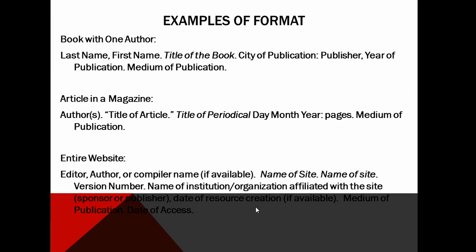With website information, we want to also have a date of access. Because things are continually updated when they're online, we want to make sure that we know when you were able to find the information, what was available on that particular day.